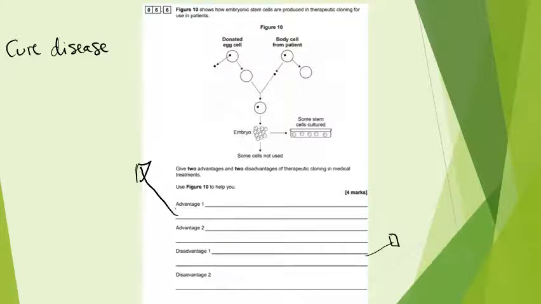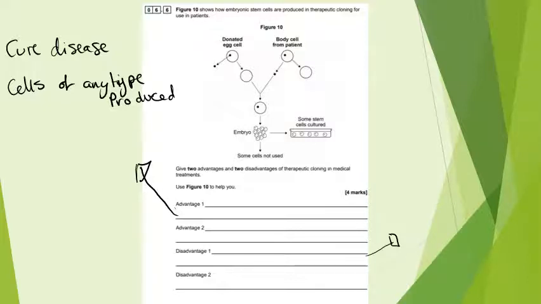It might be that you've gone down the route of what it's providing you with. So you're able to produce cells of any type. You might be thinking about the fact it's specifically this therapeutic cloning. So we know that we've got these genetically identical to the patient cells.